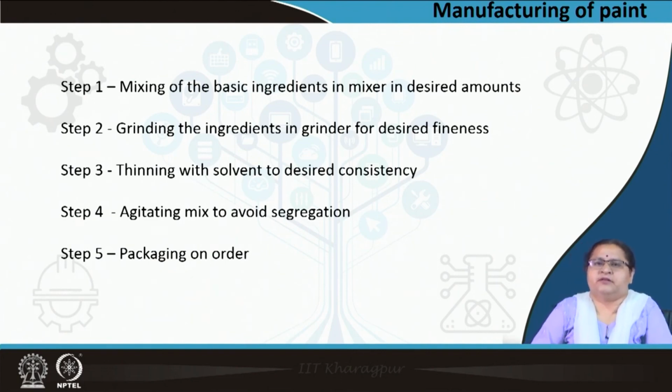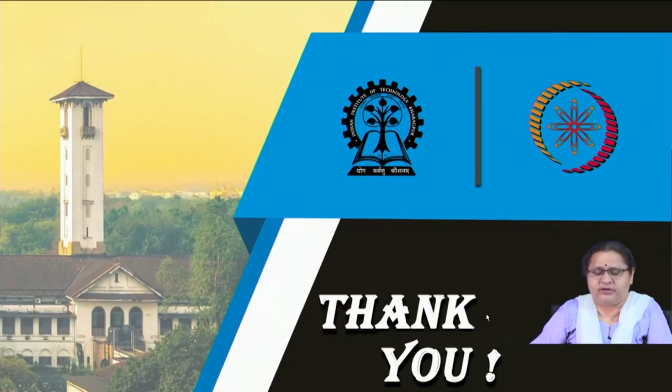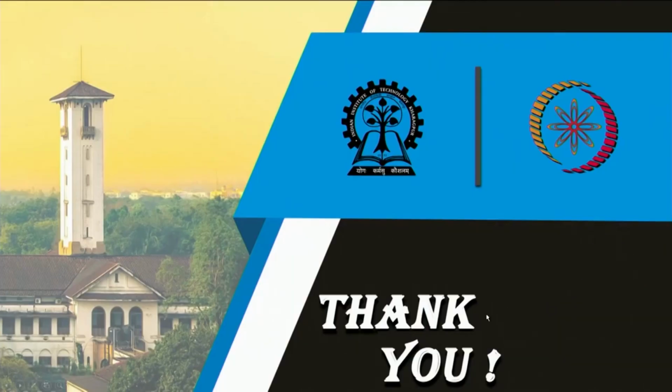So once the order is placed, the packaging is done and sent to the store. So we will further go to the next lecture, and we will try to see how the proportion is being controlled, and we will thus move to our next lecture.